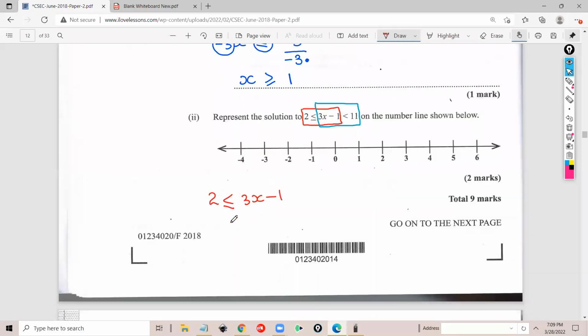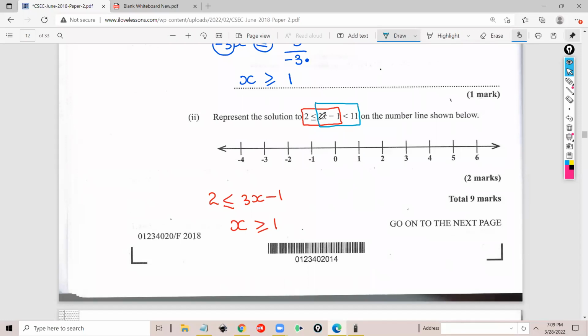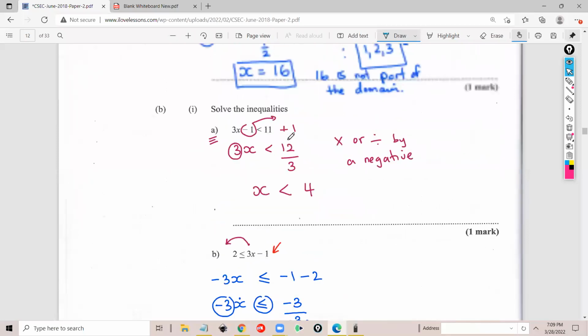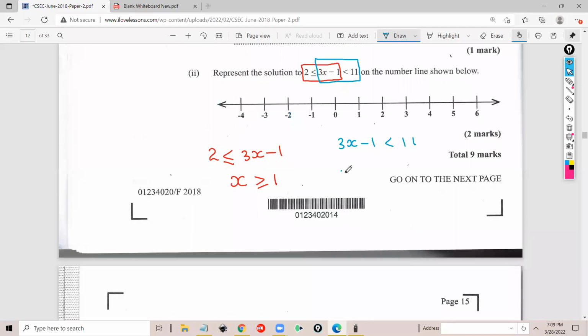Well, when we did all the working, wasn't the final answer x is more than or equal to 1? And let's look at the kind of off blue one there. If you look at this rectangle, it's 3x minus 1 is less than 11. Isn't that this question we did in part A? And when we did that, wasn't the final answer x is less than 4?